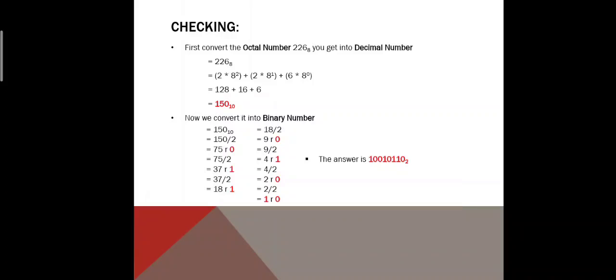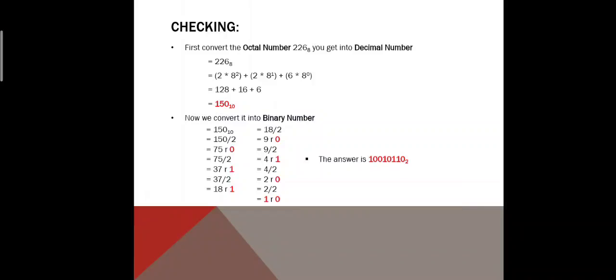Then, i-convert na natin siya into binary number. So, 150 base 10 equals 150 divided by 2 equals 75, remainder 0. 75 divided by 2, 37, remainder 1. 37 divided by 2 equals 18, remainder 1. 18 divided by 2, 9, remainder 0. 9 divided by 2, 4, remainder 1. 4 divided by 2, 2, remainder 0.